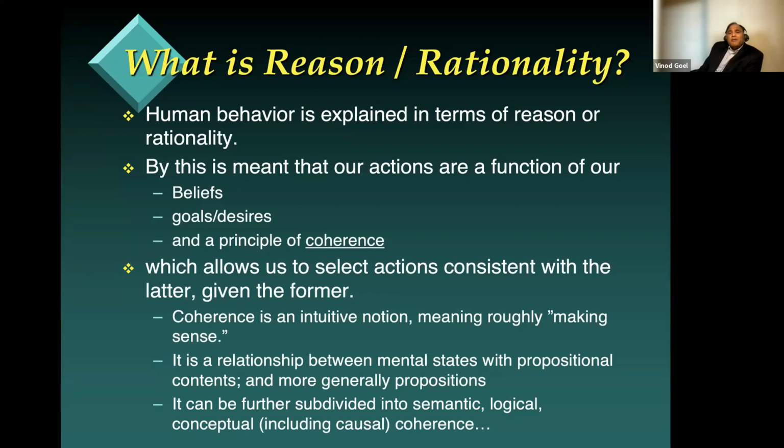So let me begin by reminding you what we mean by reasoning systems or rationality. Okay, and this is nothing new, a very standard characterization. So human behavior on the standard account is explained in terms of reason or rationality. And by this is meant that our actions are a function of our beliefs, goals and desires, and a principle of coherence, which allows us to select actions consistent with the latter, given the former.